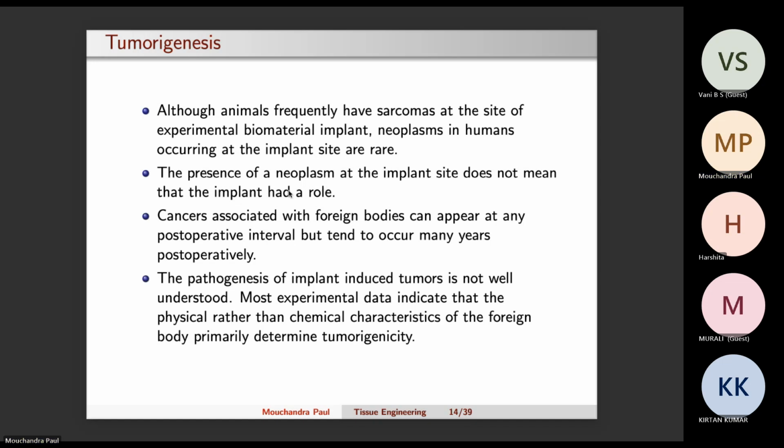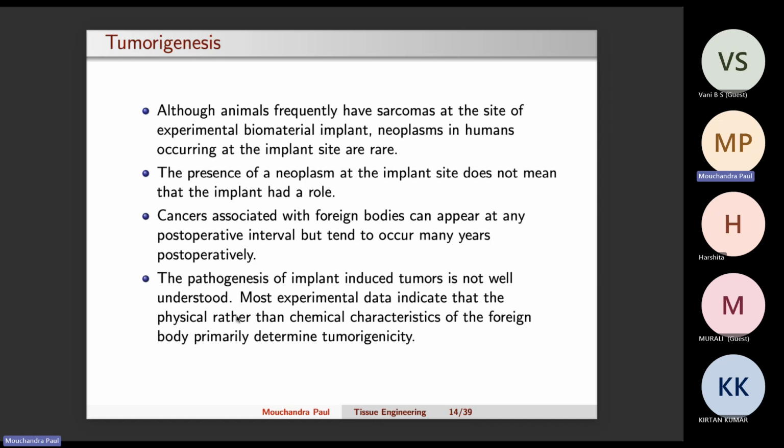Cancer associated with foreign bodies can appear at any interval after operation, and usually occurs many years after the implant is inside the patient's body. How that implant-induced tumor forms, people don't really understand quite well yet.